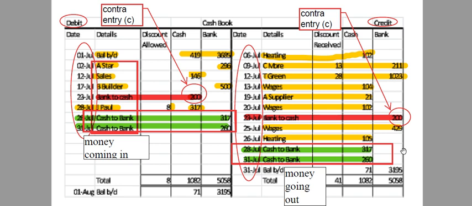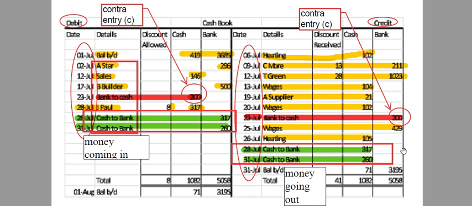So this makes your cash in hand less and cash at bank more. The contra entries are important. You have to understand them, and they can be asked as a definition, and you will get them in the actual making of the cash book also.